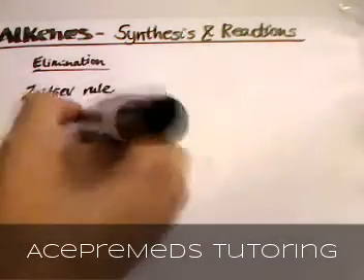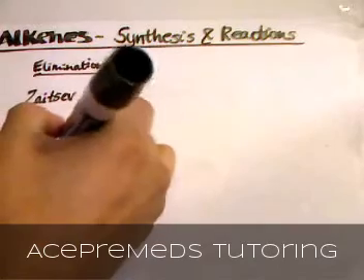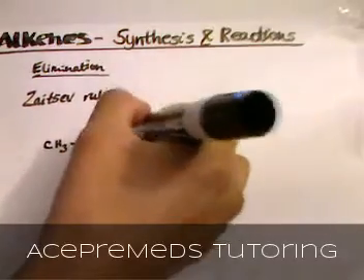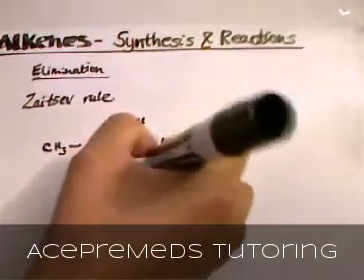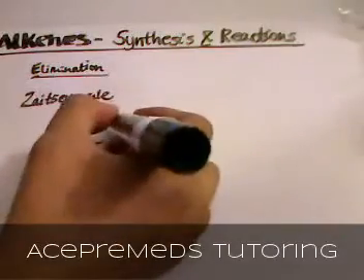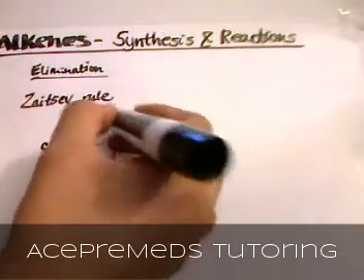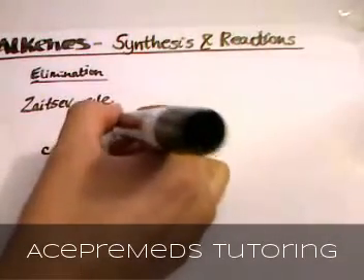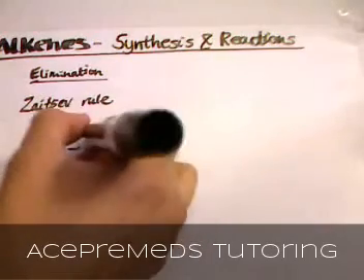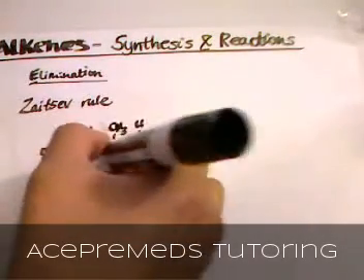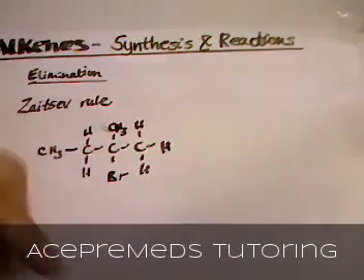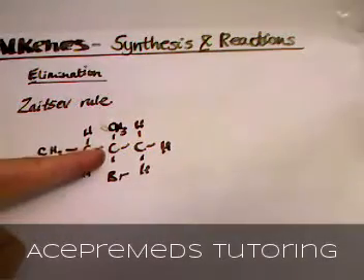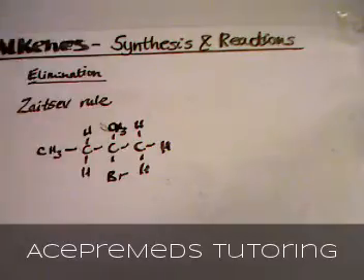So for example, if we have a molecule where the X is, this looks like a tertiary alkyl halide, which is the best for E2.